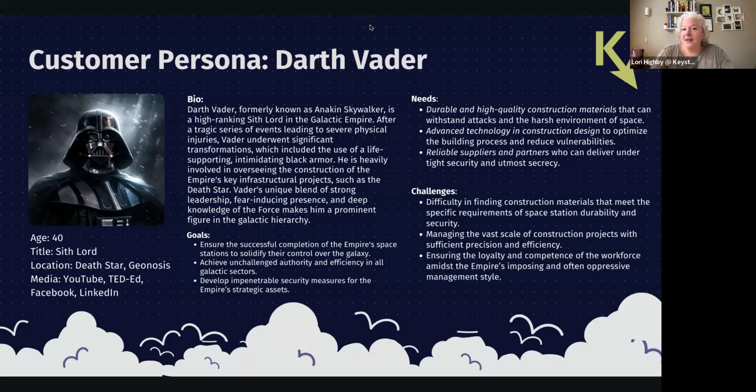Advanced technology in construction design, because we need to be able to optimize the building processes under tight deadlines for the Empire, and reduce vulnerabilities, even though, you know, there is an air shaft that he's not paying attention to.